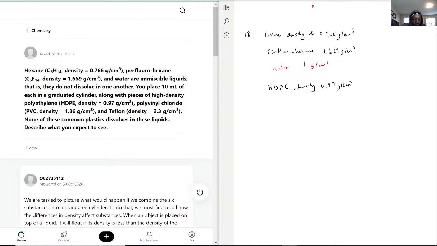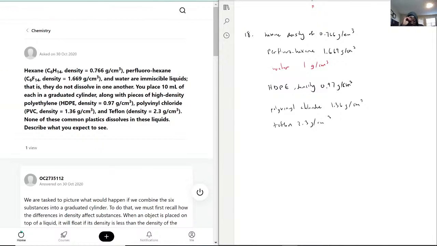Polyvinyl chloride, PVC, is 1.36 grams per centimeter cubed, and Teflon is 2.3 grams per centimeter cubed.